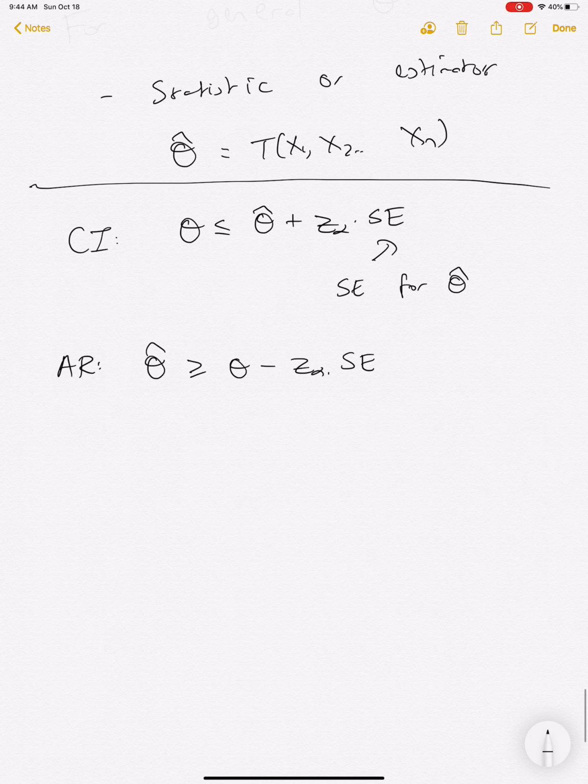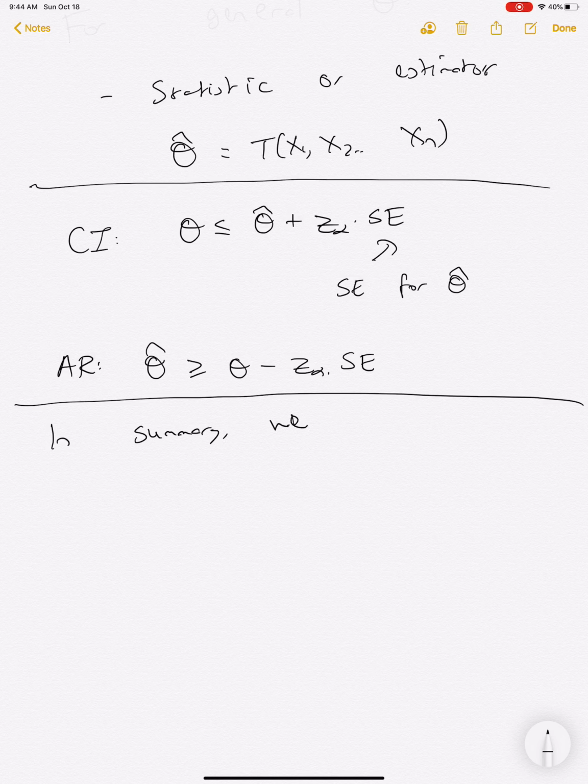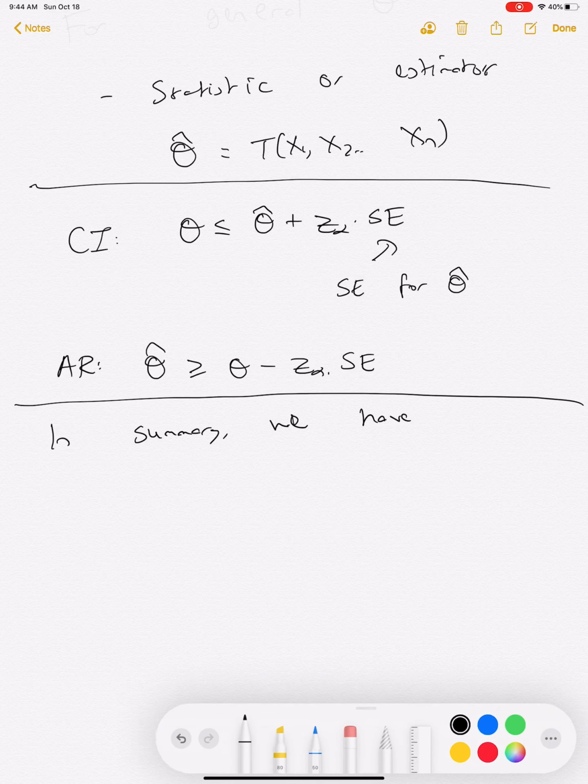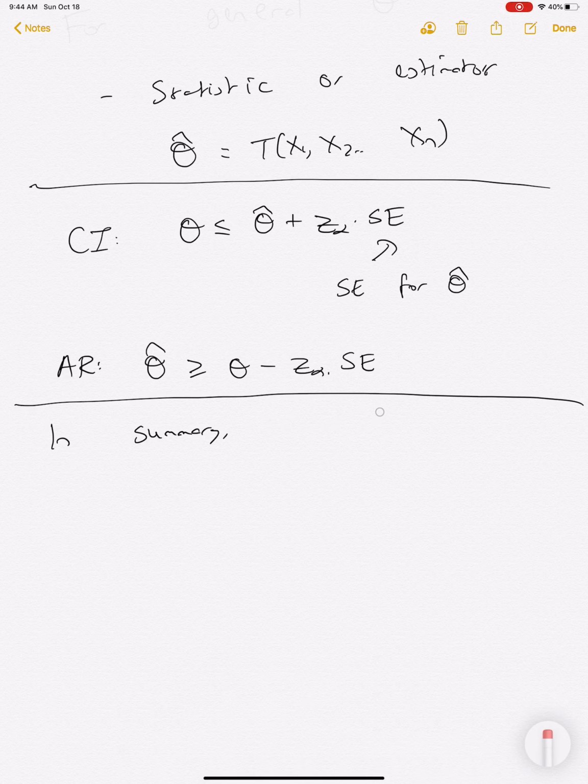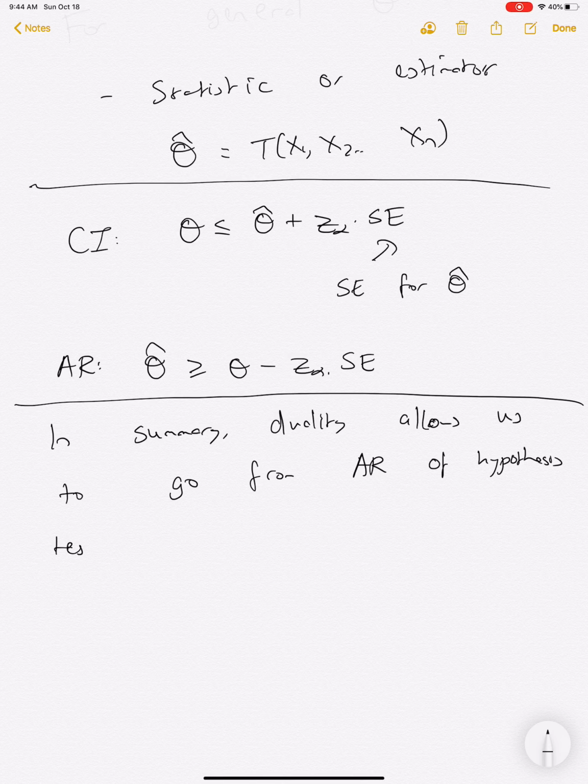Okay, so let's go from the acceptance regions of hypothesis tests to confidence intervals and vice versa.